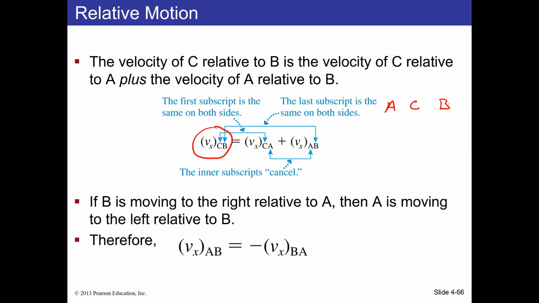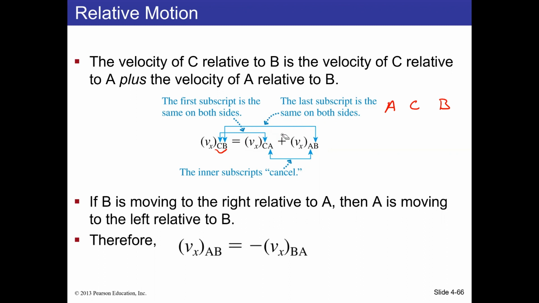In this case, you can see there are 2 subscripts for each term, and the velocity of Carlos relative to Bill involves the sum of 2 other velocities. It's always going to be like that. It's the sum of 2 other velocities. That means you have the first term added to the second term, one velocity added to another velocity, to get the velocity of Carlos relative to Bill.